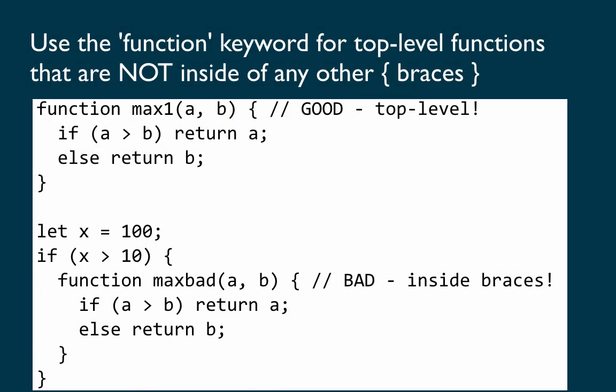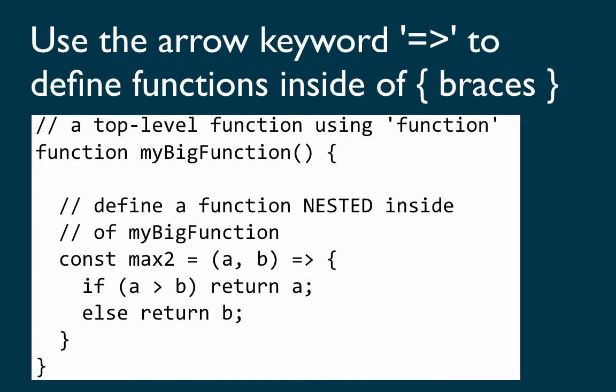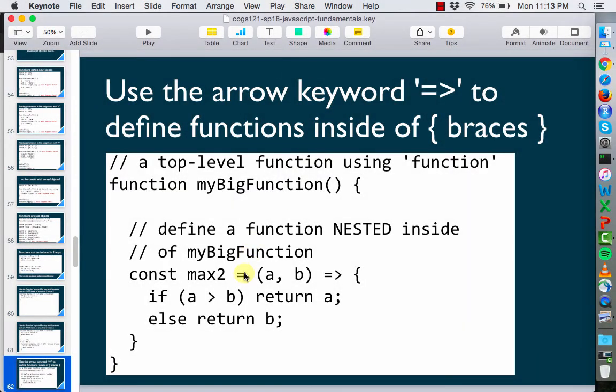So that's a pretty good rule to follow in general. If you want to be inside of braces, use the double arrow, the equals-greater-than arrow. So you have a top level function, which we declare using function, and then inside the braces, we declare inner, nested functions using the double arrow.